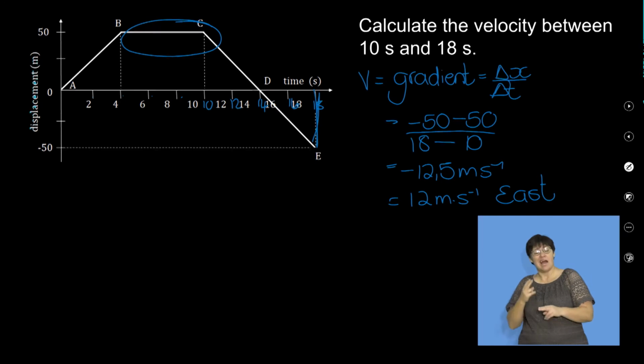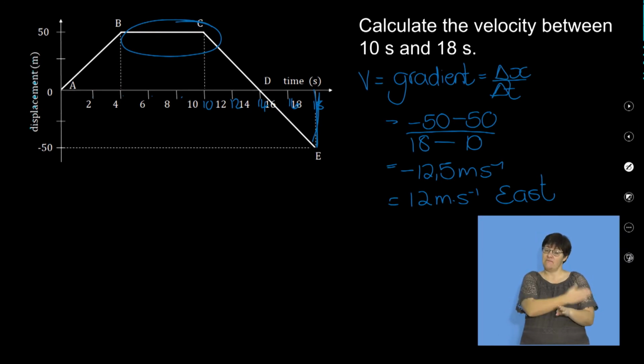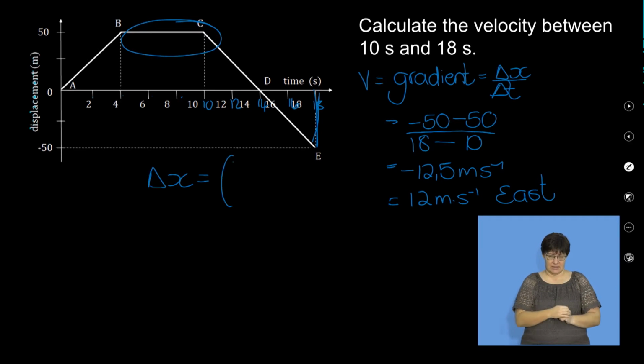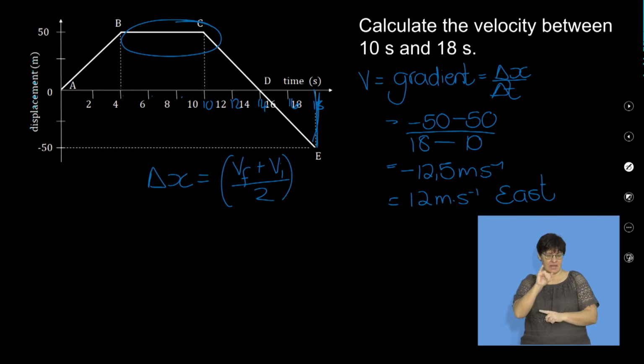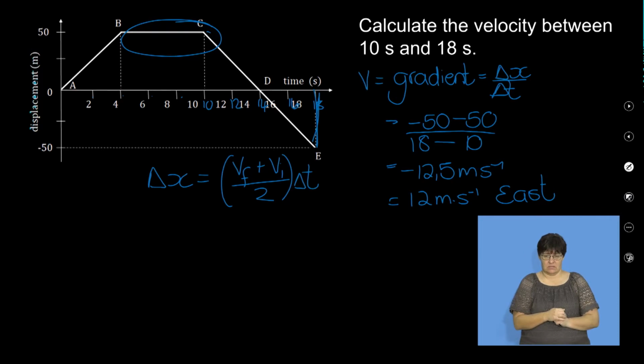So I can do exactly the same as I did in the last question. Delta x equals Vf plus Vi over 2 times delta t. The issue now is what is delta x? He was 50 meters away from the start, 50 meters in the other direction.